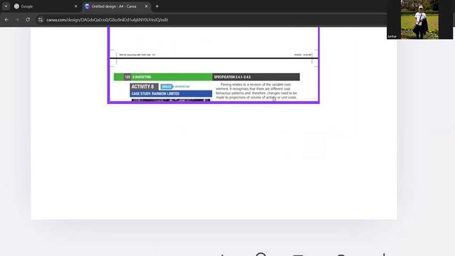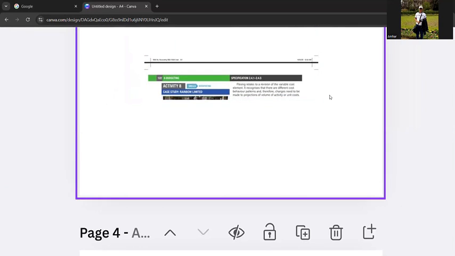It recognizes that there are different cost behavior patterns. So when we are preparing a flexible budget, we will be able to recognize the cost behavior patterns. Therefore, we can make some changes for the volume of activity or the unit costs, so we will be able to make predictions and all that.